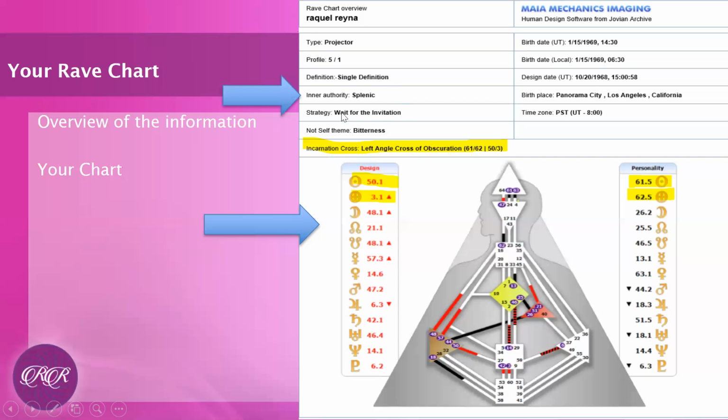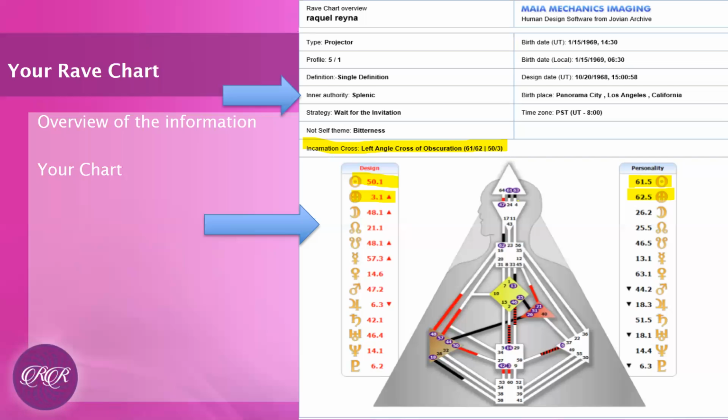The strategy is what we call your success code. It's the primary strategy for your life. Integrating this strategy into your business is a game changer. And again, you have to experiment with it. For me, the strategy is to wait for the invitation, which also means waiting to be recognized.